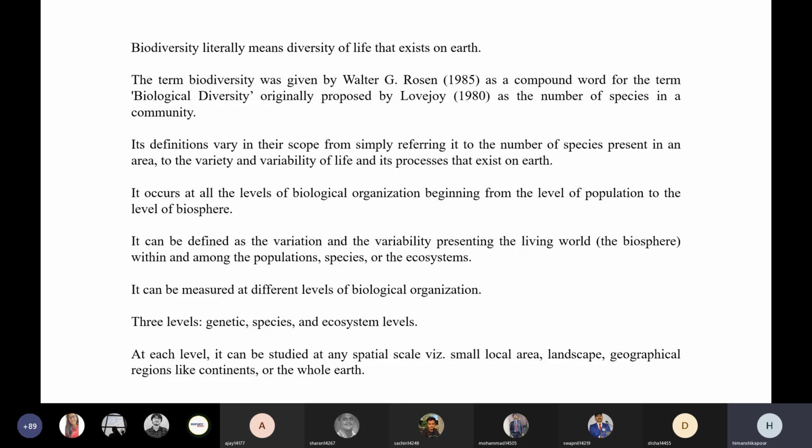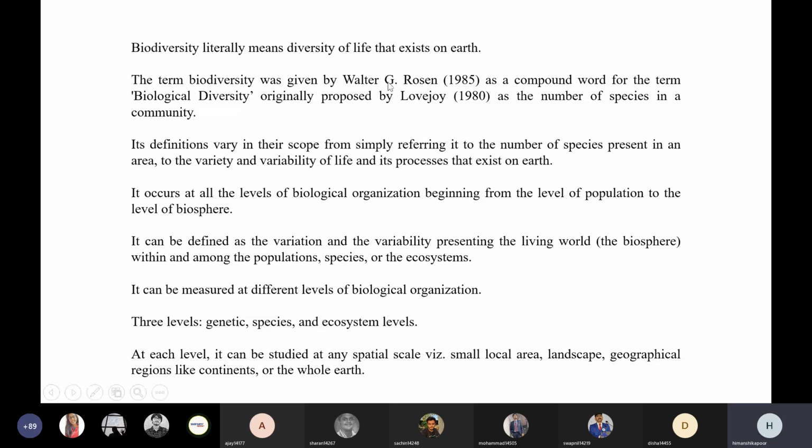So biological diversity is the number, variety, and variability of Earth's organisms. Be it plants, animals, or microorganisms, जो भी living organism है, उसकी जितनी भी diversity है, that is known as biodiversity.